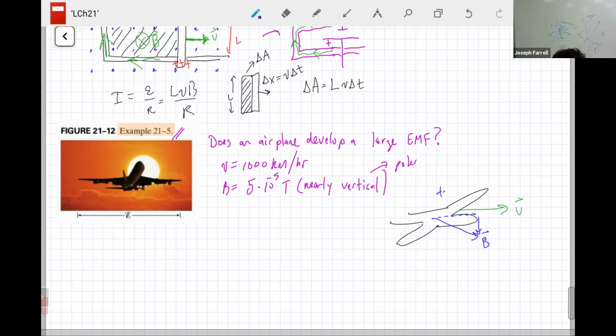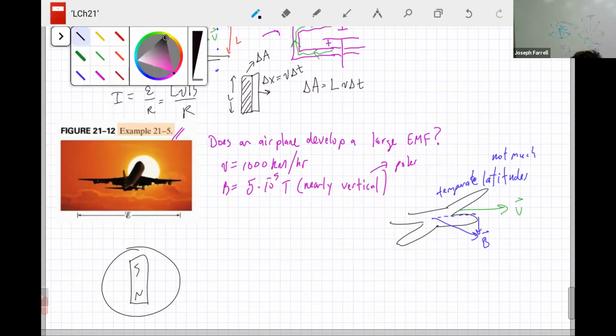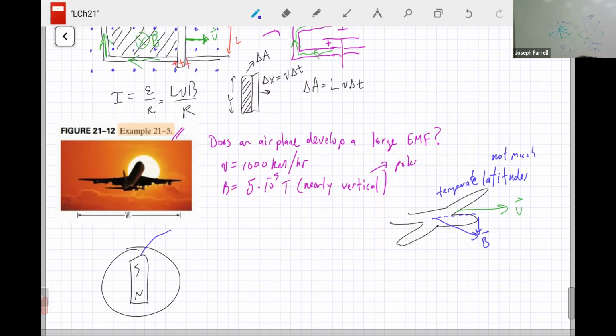So at temperate latitudes, you're not going to have much. But on the poles, if you think of the Earth as a big magnet, the magnetic fields are almost vertical near the poles. So flying an airplane near the poles is where this is going to be the biggest effect.